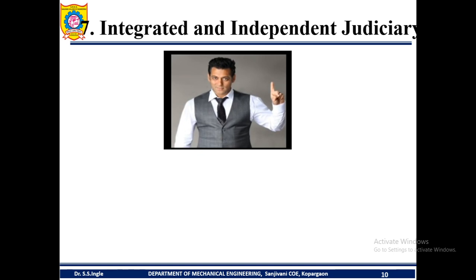Under the high court, there is a hierarchy of subordinate courts, that is district courts and other lower courts. This single system of courts enforces both the central laws as well as the state laws, unlike in the USA, where the federal laws are enforced by the federal judiciary and the state laws are enforced by the state judiciary.